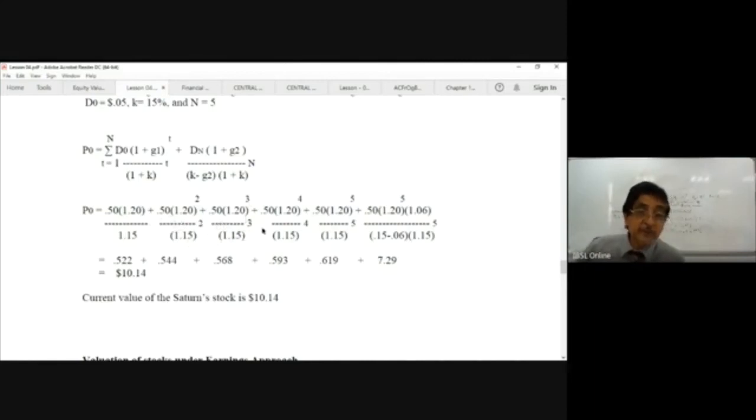In the fourth year, it is 0.50 into 1.2 to the power 4 divided by 1.15 to the power 4. In the fifth year, 0.50 into 1.2 to the power 5 divided by 1.15 to the power 5. Now, the first stage is over.